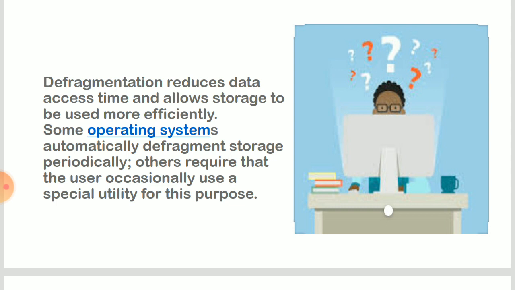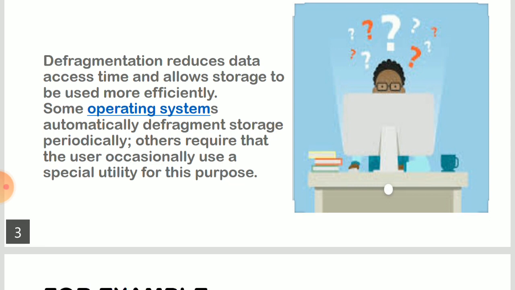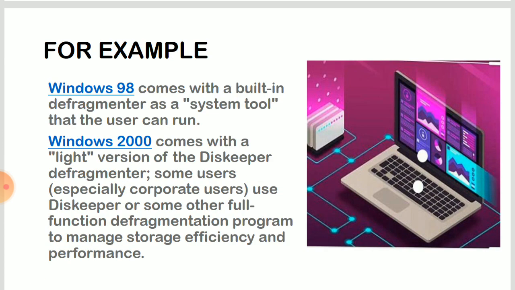Now we can see the examples for defragmentation. For example, Windows 98 and Windows 2000. These are the two examples for defragmentation. Windows 98 comes with a built-in defragmenter, such as a system tool that the user can run. Windows 2000 comes with a light version of Diskeeper defragmenter.